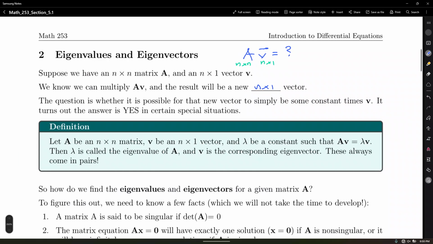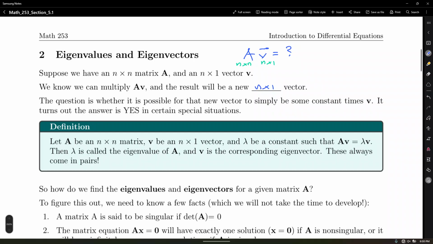But the question here is whether it is possible for that new vector to simply be some constant times v. That's the big point here. It turns out this is true under some special situations. So let's have a look at this definition and develop the idea of eigenvalues and eigenvectors, and of course, do some examples.